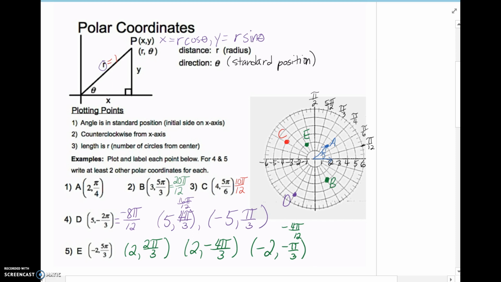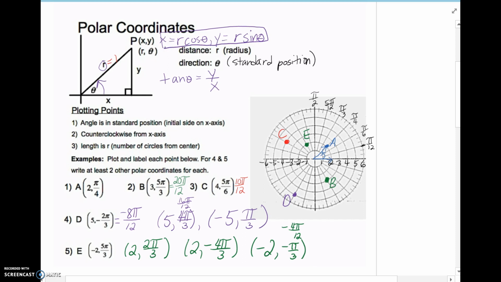And then the other thing we want to think about in terms of figuring out our theta going back the other way is that tangent of theta is going to be equal to y over x, and then we can use that equation to help us solve. So this is one set of equations that we are going to use for converting.